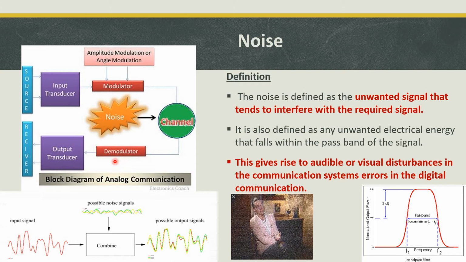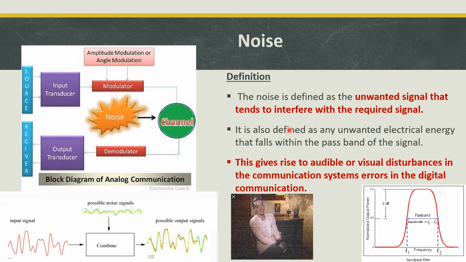The demodulator detects the original message, and the noise is also added to the original information signal. The receiver finally receives both the message signal and this noise, which is superimposed on the message signal based on the frequency band.